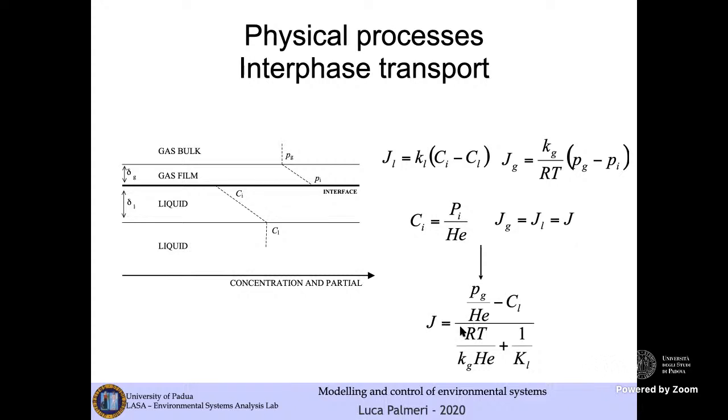In this case, you may write that the solution, by putting this together, is that the flow or the current is equal to a difference between partial pressure in gas phase divided by the Henry constant minus concentration in the liquid phase, and this quantity at the numerator of this fraction plays the role of potential difference.